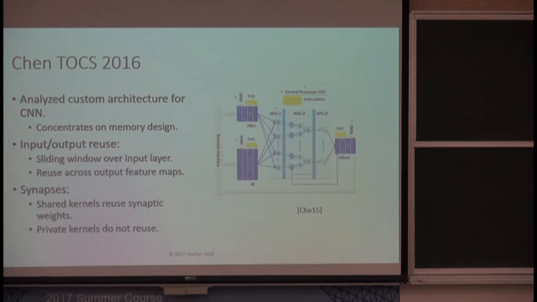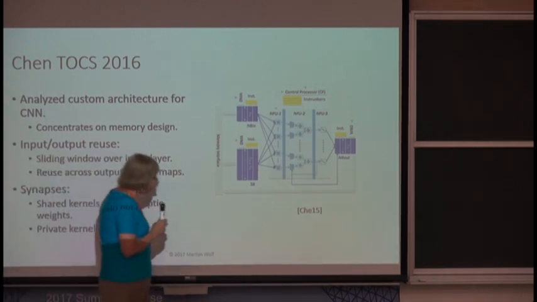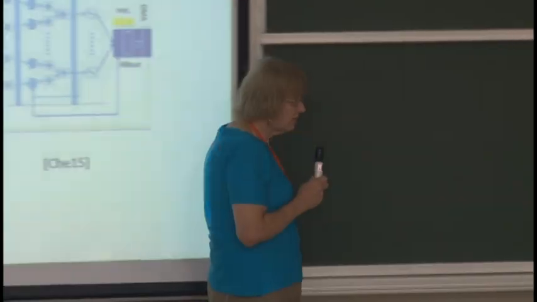So they identify two types of weights. There are some weights that are shared, so that different synapses will use the same weights, and there are some sets of weights that are not shared, that are not reused.